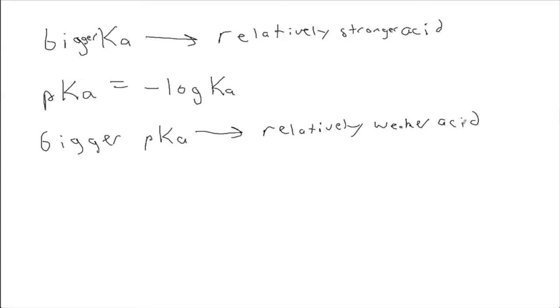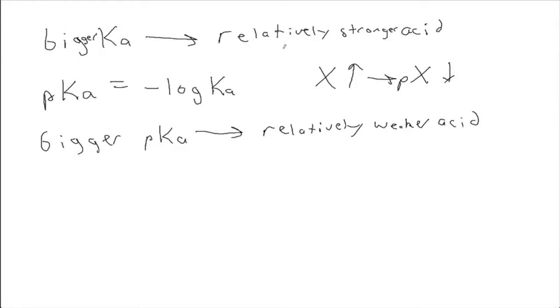Because it's the negative log of the number, so it's smaller. Okay, good. So the key thing is, when x gets bigger, what happens to p of x? Gets smaller. We talked about that previously. So when pKa gets bigger, what happens to Ka? Gets smaller.